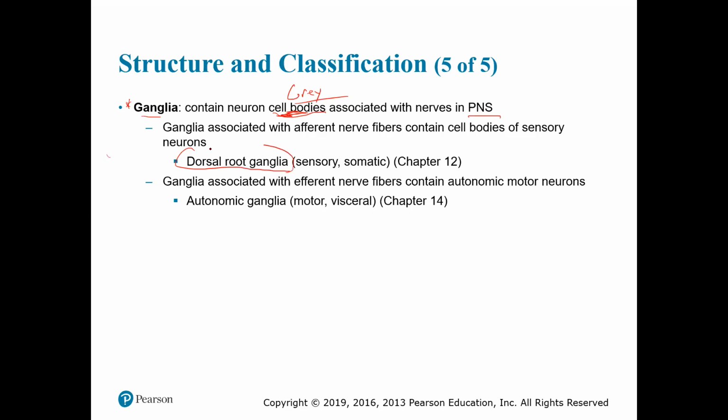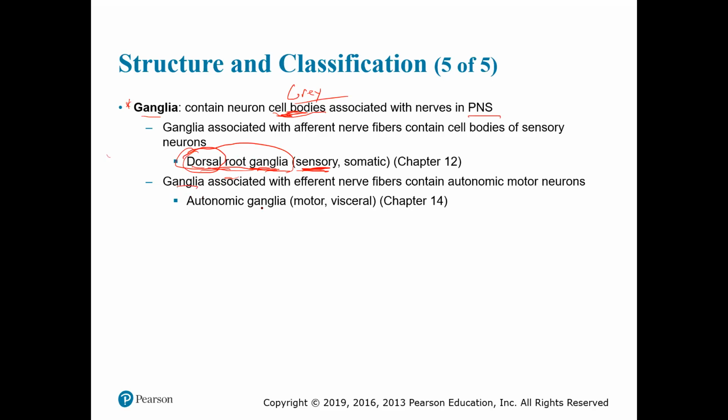That's something that always comes up on a practical. So we kind of talked about that, and we'll see it in the spinal cord too. It's not in the spinal cord, of course, but it brings in sensory. So dorsal root, remember this, is about somatic sensory coming into the spinal cord, in the back of the spinal cord. Ventral is more motor.